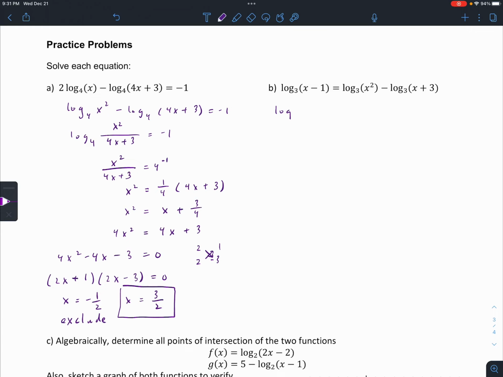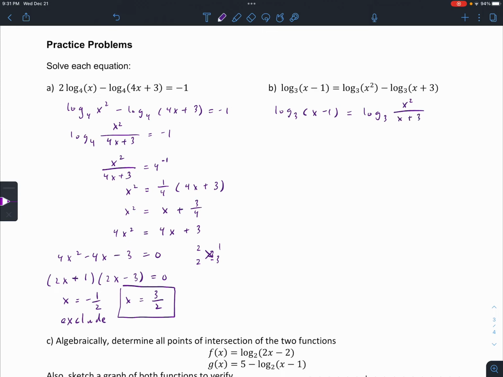There's a log on both sides here. So we would want to combine them first. So let's bring them together first. Log to the base 3 of x squared over x plus 3.